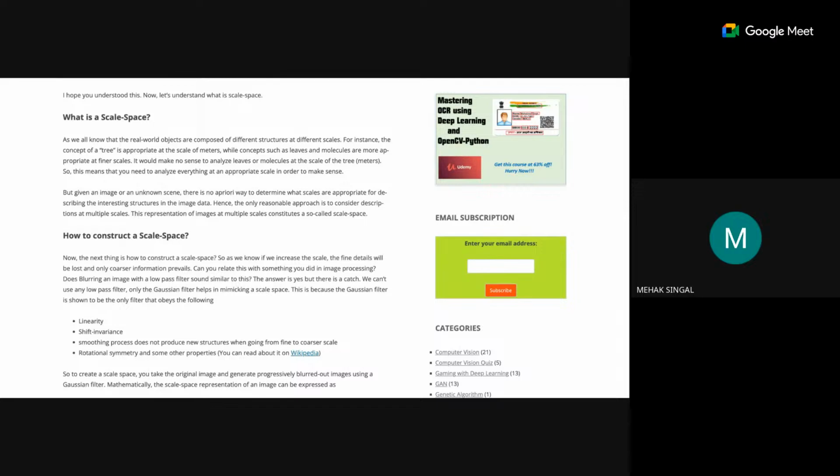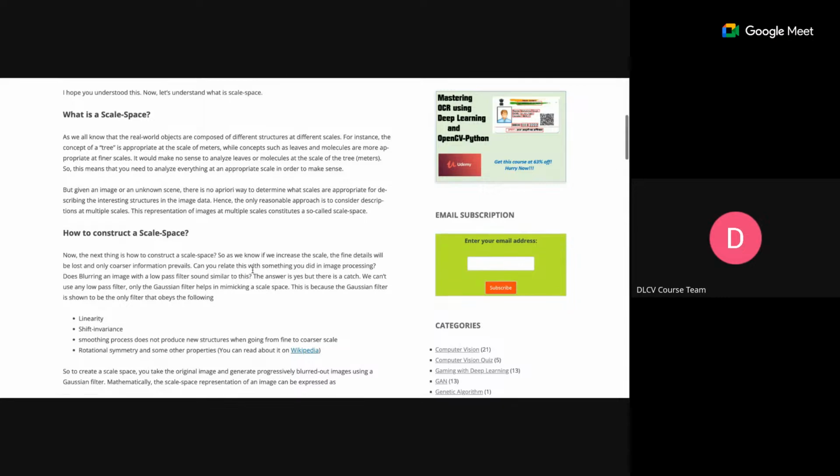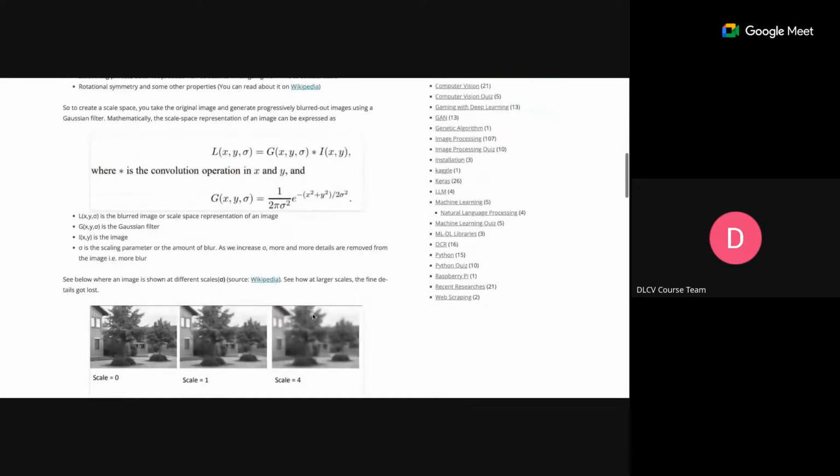One way to do that is using Gaussians of different variances. Basically, you are changing the scale of the Gaussian. Sigma is the scaling parameter for the amount of blur. As we increase sigma, more and more details are removed from the image, that is, more blur.